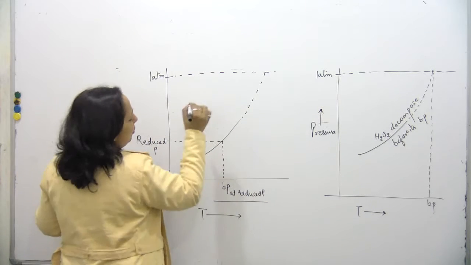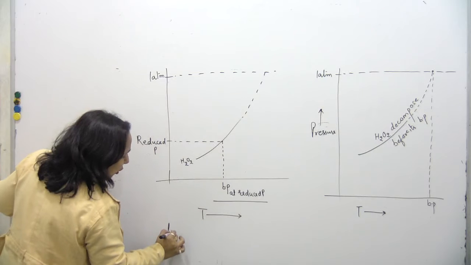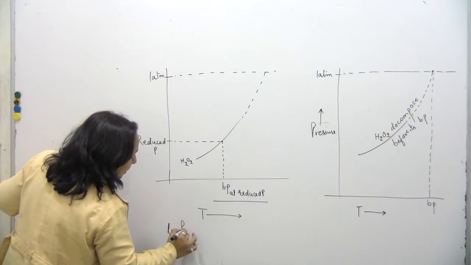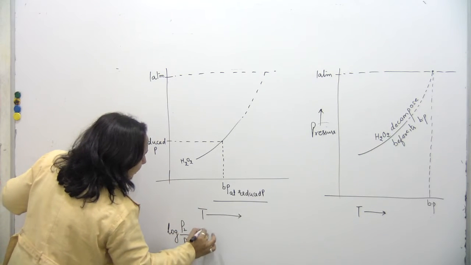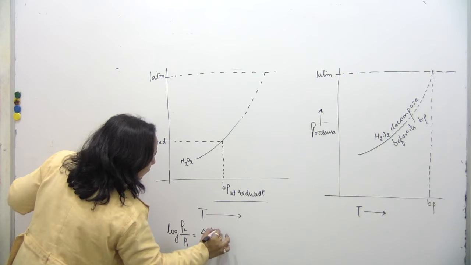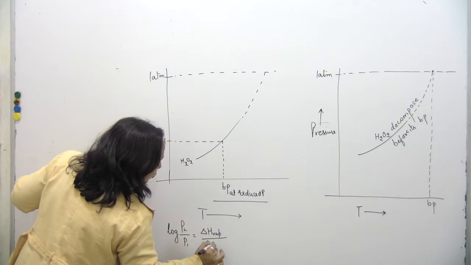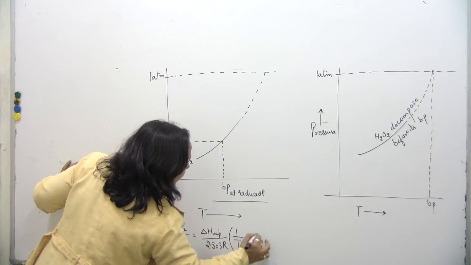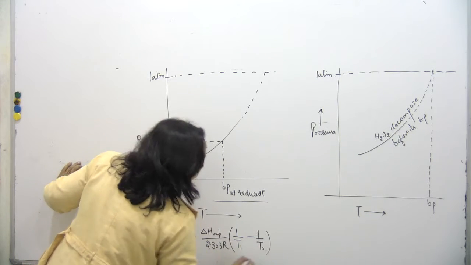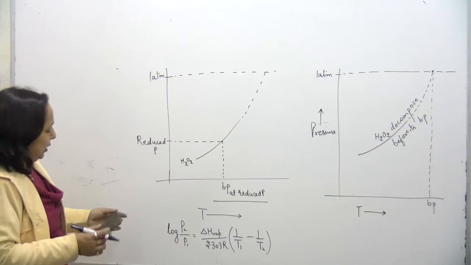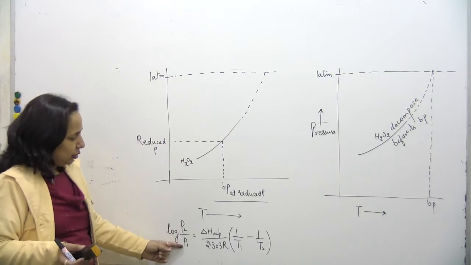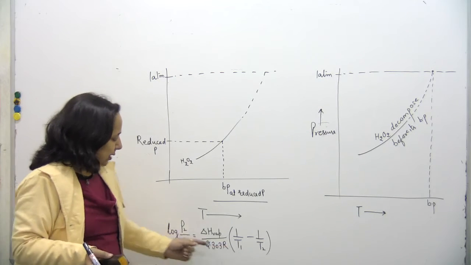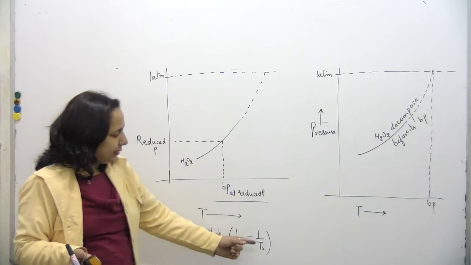Now we can use the formula of log P2 by P1 is equal to delta H vaporization by 2.303 R into 1 by T1 minus 1 by T2. From this formula, if the pressure is P1, the boiling point is T1. If pressure is P2, boiling point is T2.